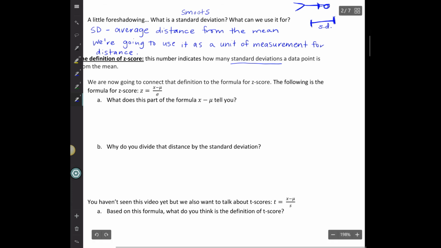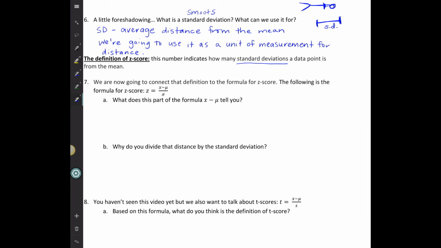So if you imagine we have some data set, let's just go with a little normal curve here, and we identify where the mean is. Remember we said we can indicate the standard deviation is a certain value that represents the average spread around the mean.